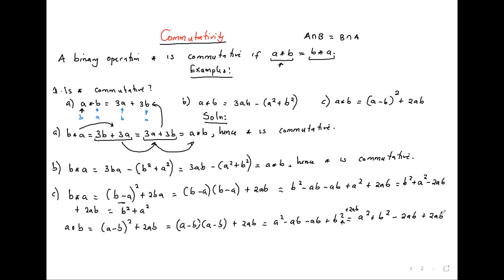This one is in the question. So we get 0 here, and we end up having a squared plus b squared. If you check, this is equal to this. So this implies that a star b is equal to a squared plus b squared, which is b star a. Hence, star is commutative. That's how you check.